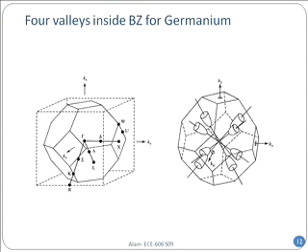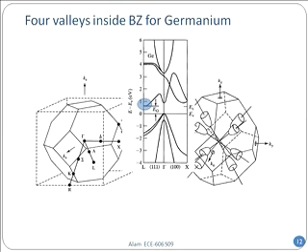Now, this was good, but these materials that are very useful like germanium and silicon turn out to be a little bit more complicated. Do you remember that the constant energy surface for germanium occurs along the L direction, and then there are 8 L directions? Do you remember? That's on the corner side.